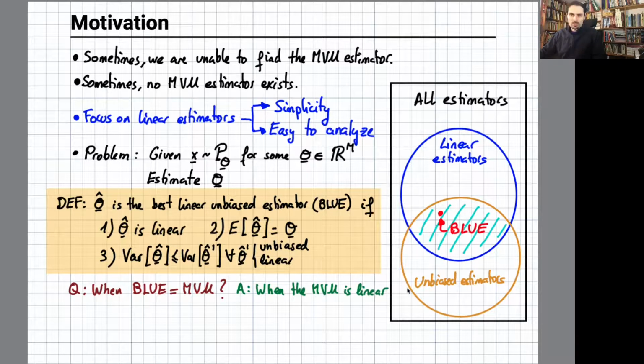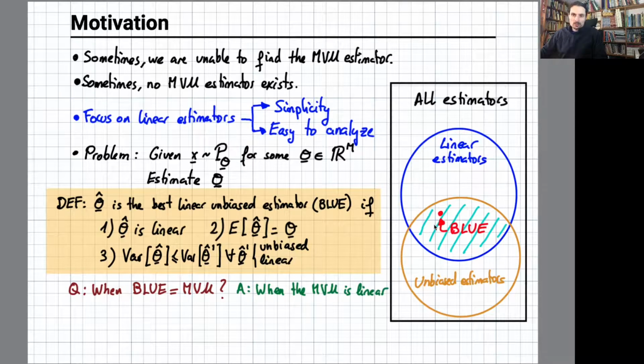So whenever the MVU estimator turns out to be in this part of the yellow circle, then it is obviously also the BLUE, right? It's better than all other estimators in this area.